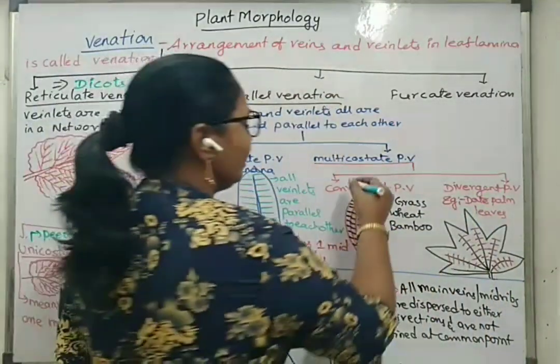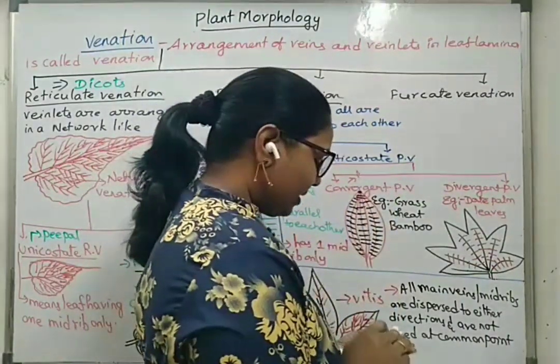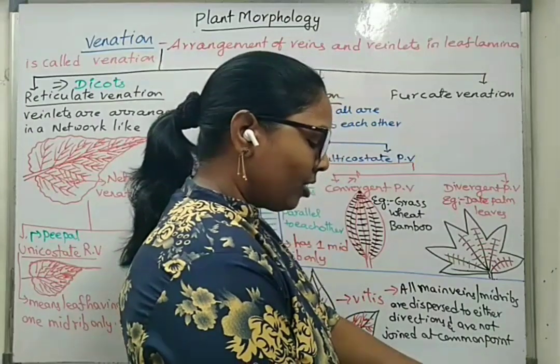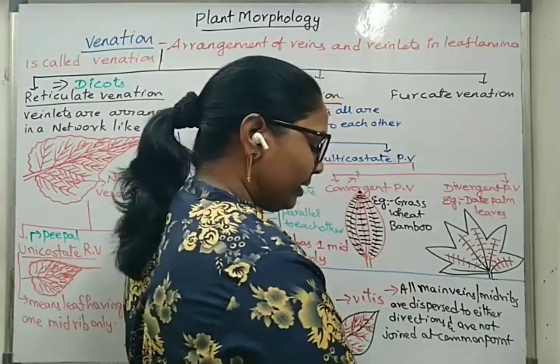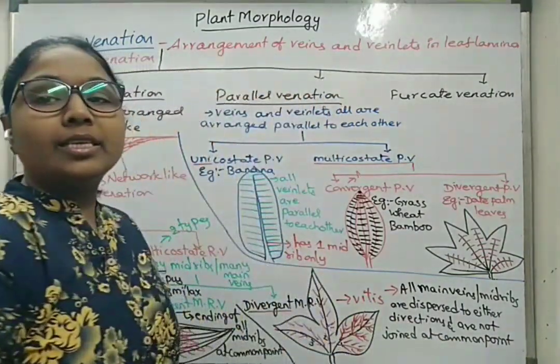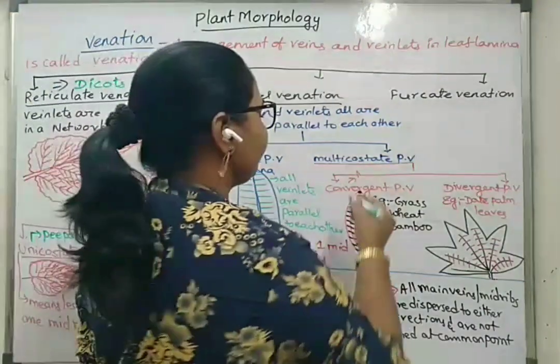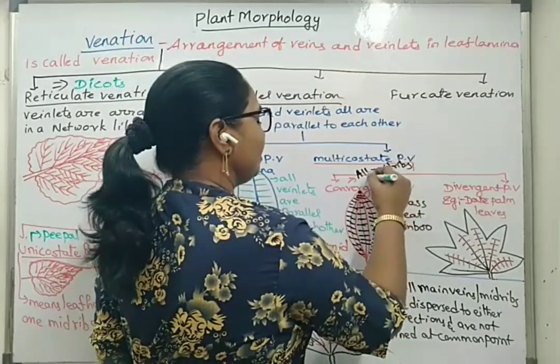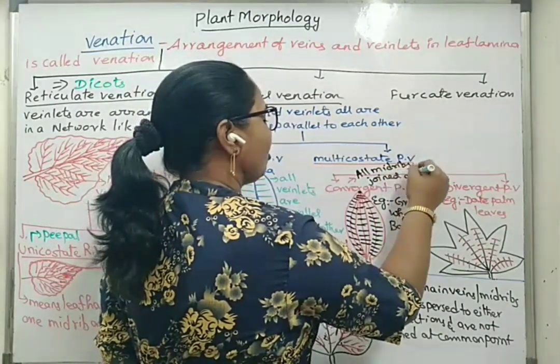So here again you write that same point. In convergent, all midribs are joined at one common point, but in case of divergent, all main veins are dispersed to either directions. Midribs joined at a common point.